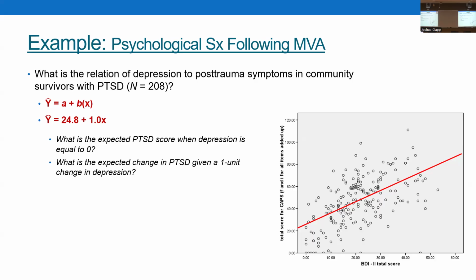Jack, what is the expected change in PTSD given a unit change in depression? It'll be like 25.8. Okay, that would be what your output is, yeah. For every unit increase in depression score, what's the corresponding expected change in PTSD?